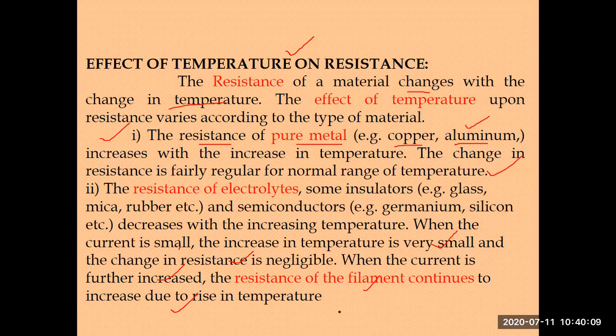As a result, they slow down, and slowing down of the electrons is basically an indication of increase of resistance. So in the case of conductors, increasing the temperature increases the vibration of the atoms of the metal. As a result, the electrons collide more, meaning the electrons are slowing down, and this slowing down of the electrons results in an increase in the resistance of the conductor.